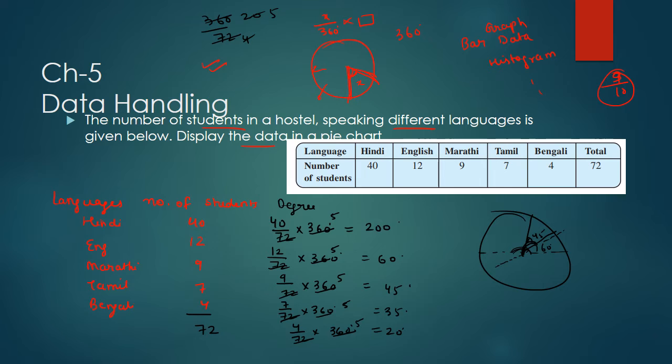Okay, then you have to make 35 degrees considering 45 as your baseline, then 20 degrees for example, and the rest will be 200 because it will always give you the complete angle, the sum of all these being 360.